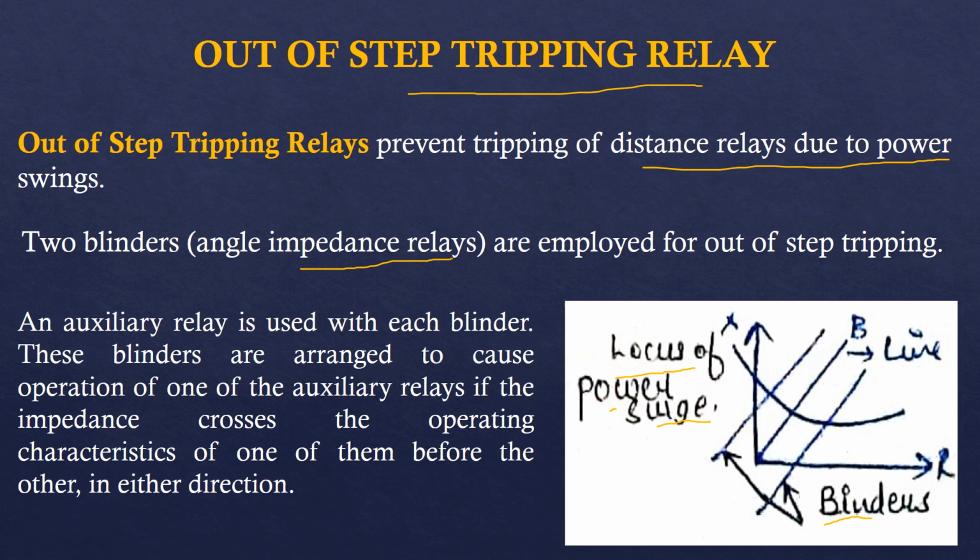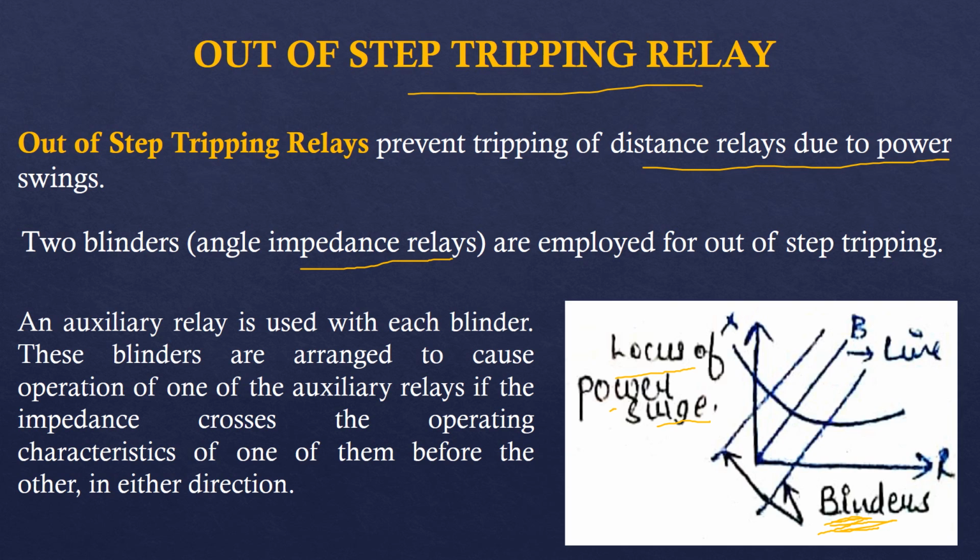If the impedance of the power swing locus enters the operating characteristics of these blinders, then whichever blinder's operating characteristic is crossed by the impedance of the power swing locus, that specific blinder's associated relay will operate. Now this relay will operate either for a trip command, for an alarm command, or for some other type of control action.